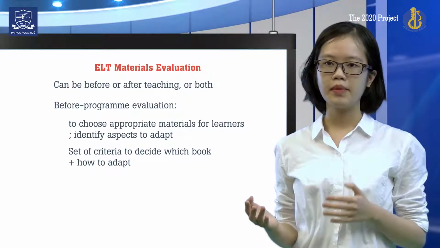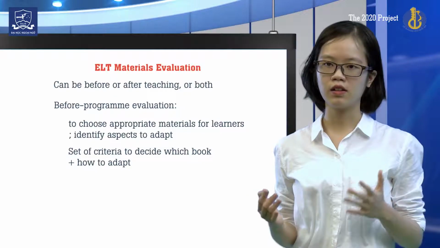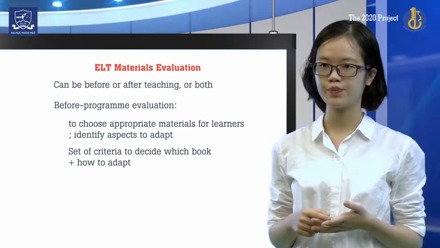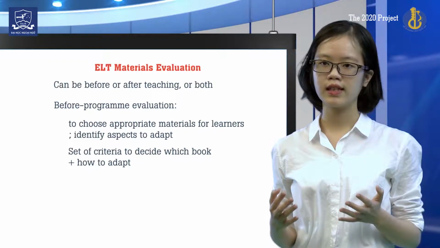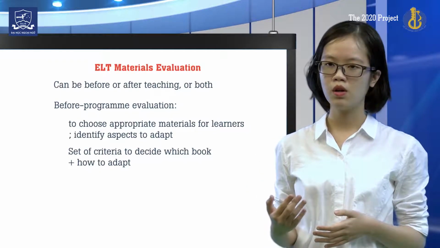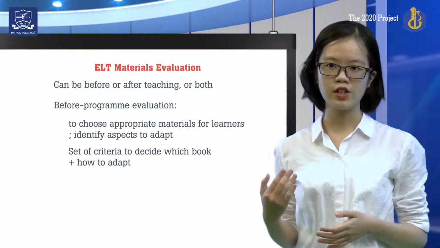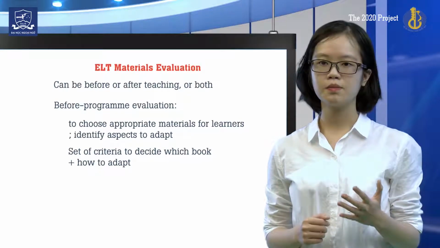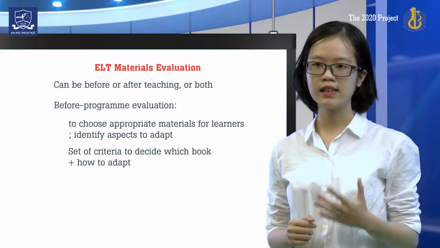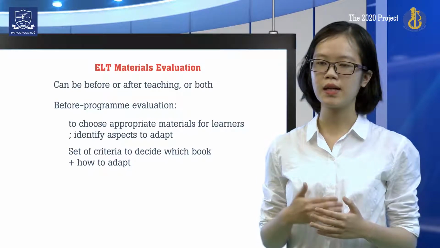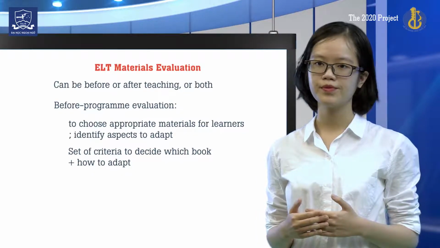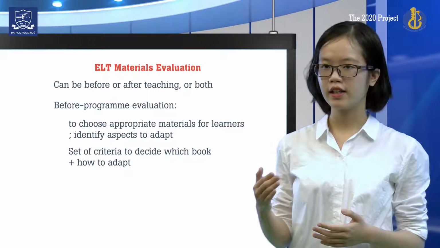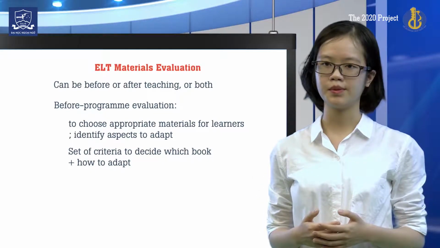Another teacher may look at a book much more critically in terms of its theoretical orientation and approach. If it is a book that teaches conversation skill, what theory of conversation is it based on? What kind of syllabus is it based on? And what is the validity of the activities that it makes use of? Two teachers evaluating a writing text may look at it from very different perspectives.